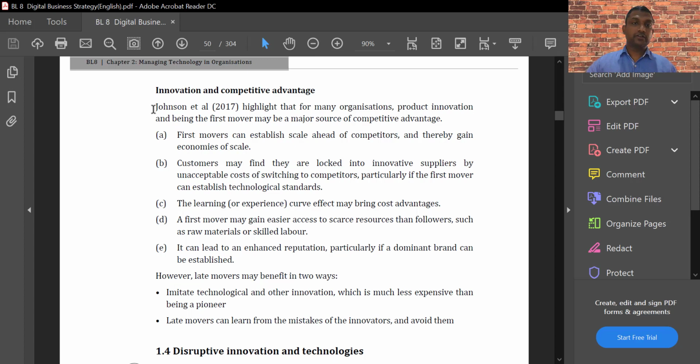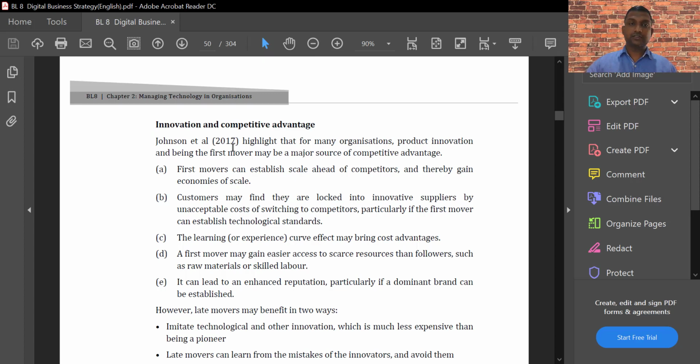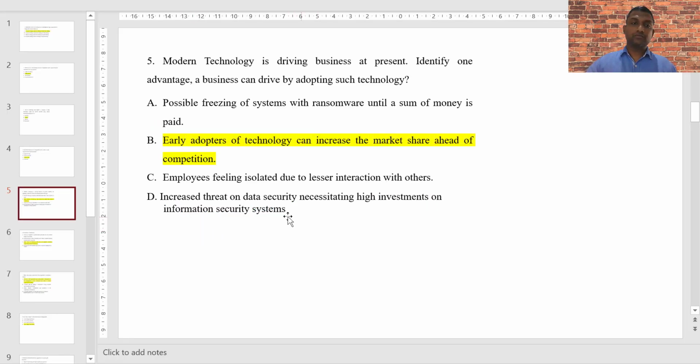It says, according to Johnson and others in 2017, their document highlights that for many organizations, product innovation and being the first mover may be a major source of competitive advantage. All four of these are related to using modern technology in organizations. If you look at answer A, this is a disadvantage.